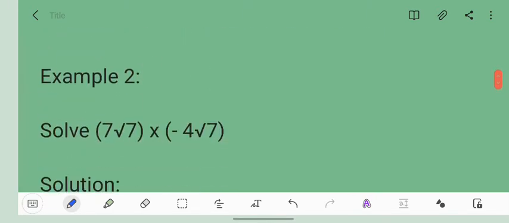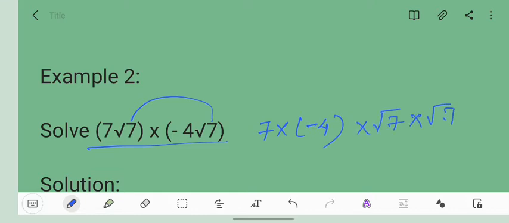That is correct. Example number two, based on the multiplication operator: 7√7 multiplied by −4√7. As I said, here again the numbers which are outside the roots, multiply these two numbers together, and the square roots to be multiplied together. So here we get 7 multiplied by −4 multiplied by √7 and √7 again.